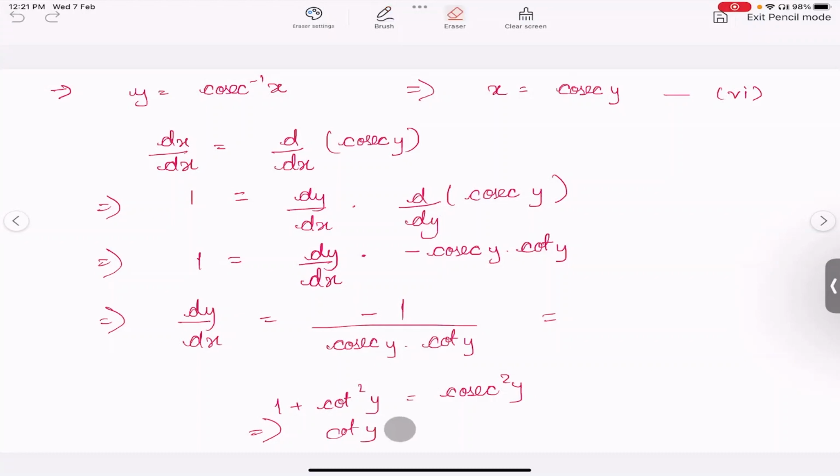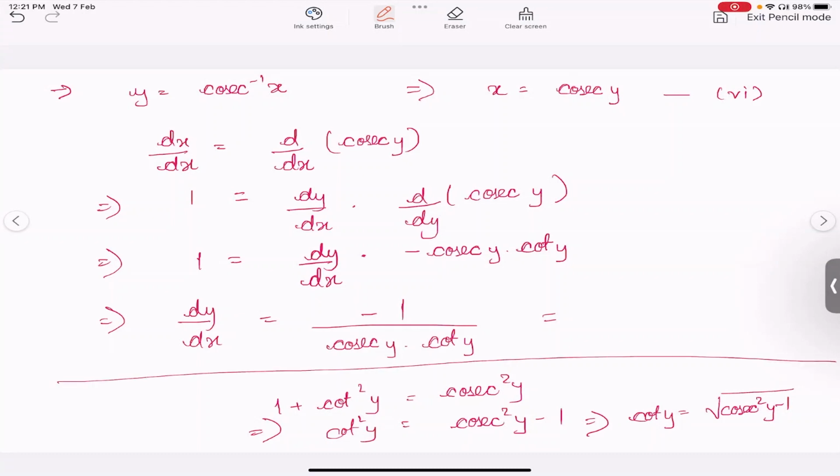So what we'll do, first this thing will be equal to cot square y, and the next thing is cot y will be equal to root over cosec square y minus 1. So this is what we have.